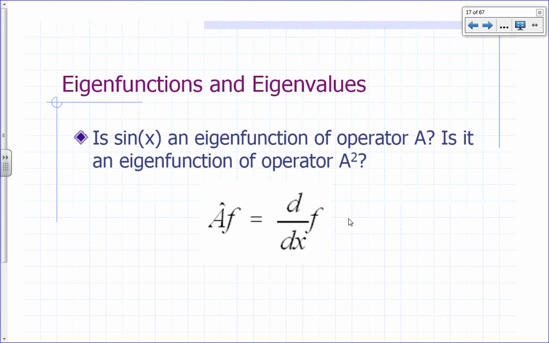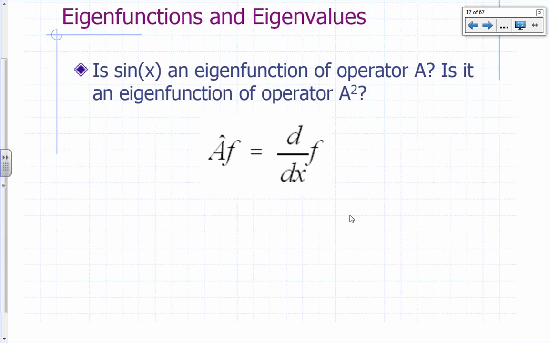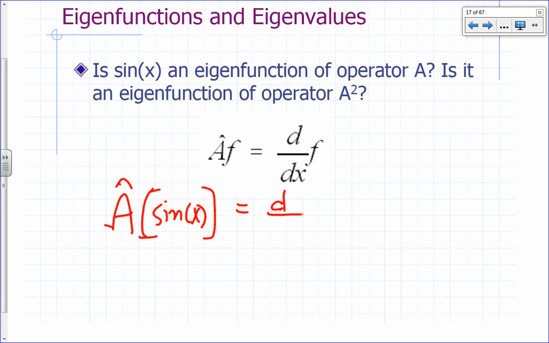Right? So is sine x an eigenfunction of operator A? Okay, what is A hat sine x? That's the derivative with respect to x of sine x. What's the derivative of sine x? Cosine x.